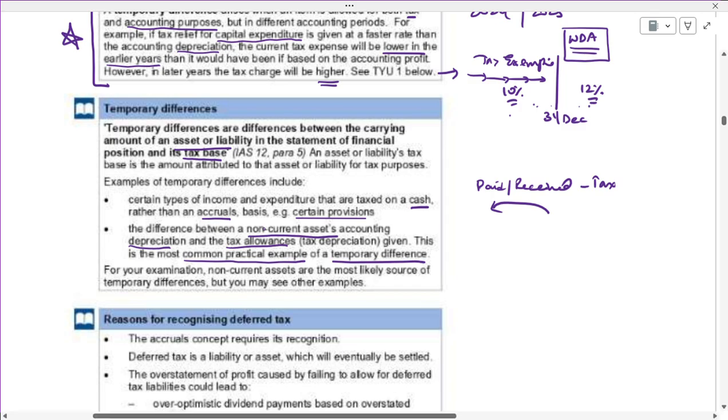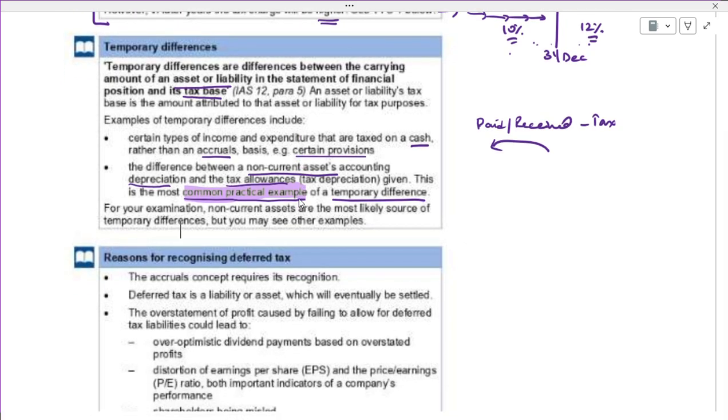In taxation you have tax allowances. What is the most common? I can say this is the only one which will be tested: the accounting depreciation and the tax depreciation.